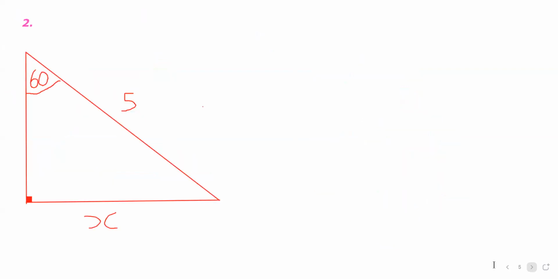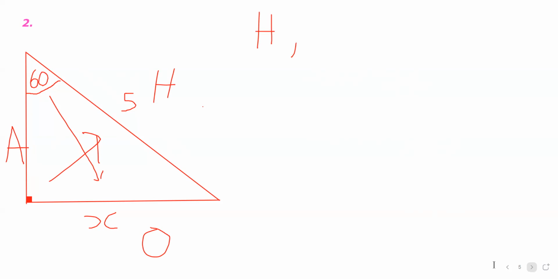Let's do another one. We have this one here. Same steps: label. So H, O, and A. Notice how the angle changed, so we'll have a different opposite. In this case, they gave us the H and they want us to find the O. So it's the same thing: in different questions you may want to calculate a different side with the same steps. Let's write it down.